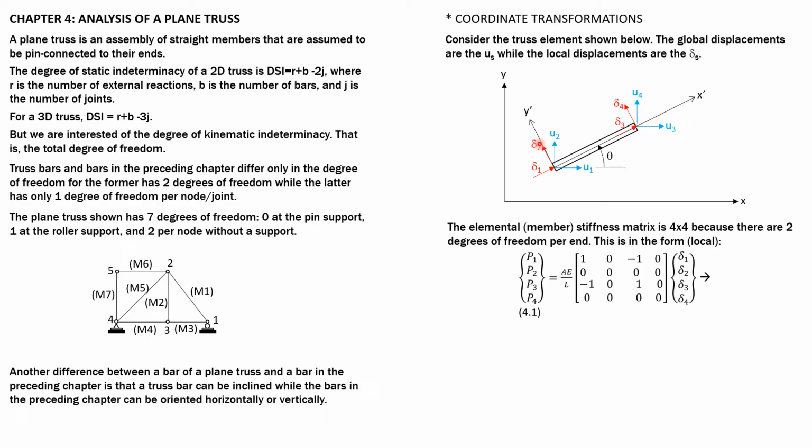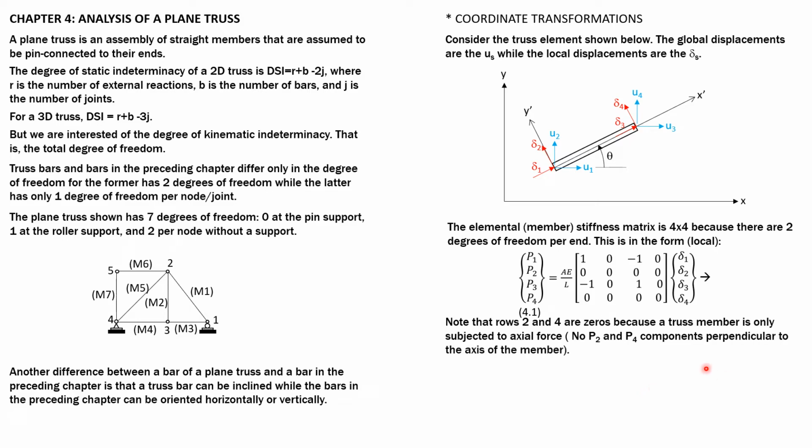There is no P2 and P4, that's why in rows 2 and 4 all the force coefficients are 0, because there should be no P2 and P4 in these directions perpendicular to the axis of the bar. Because I already stated that a truss member is subjected to an axial load only.